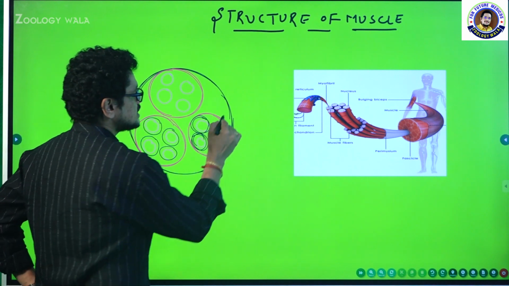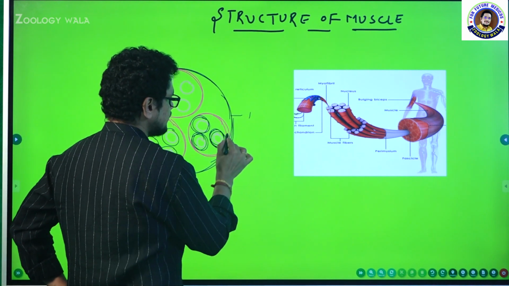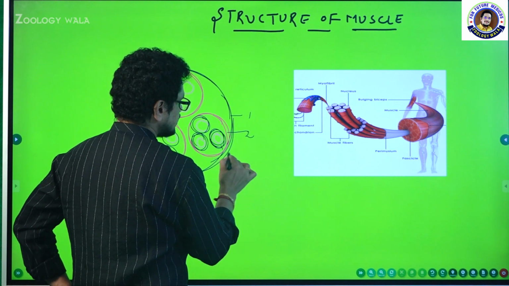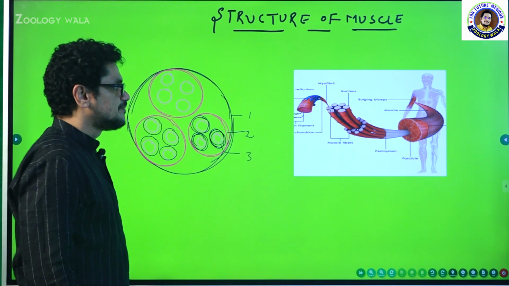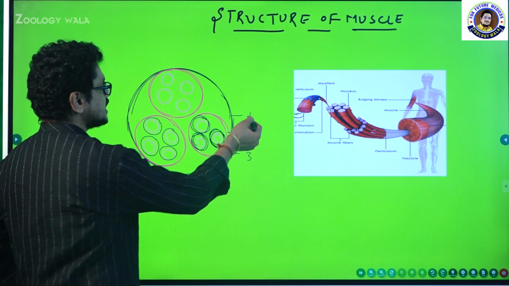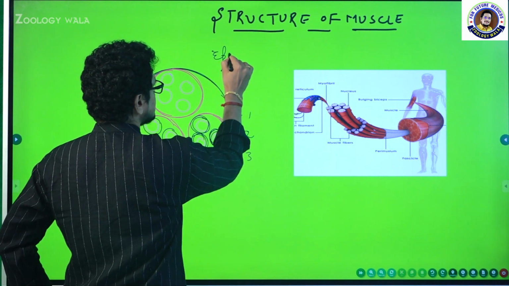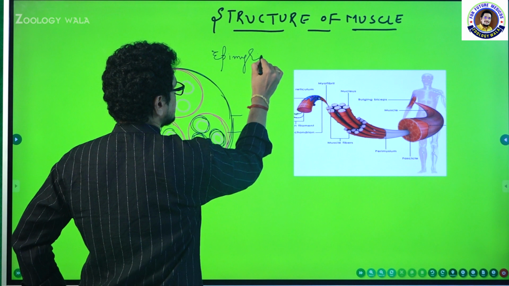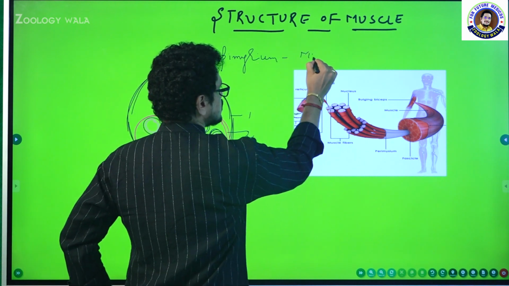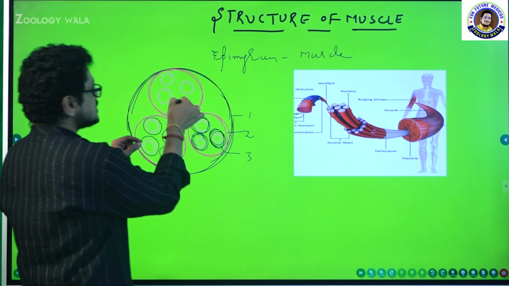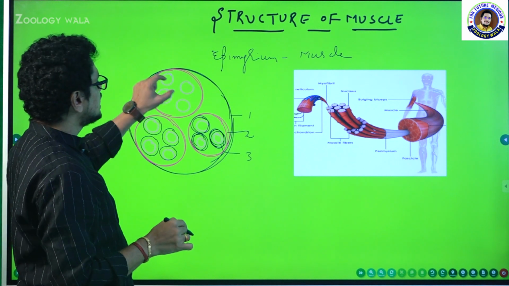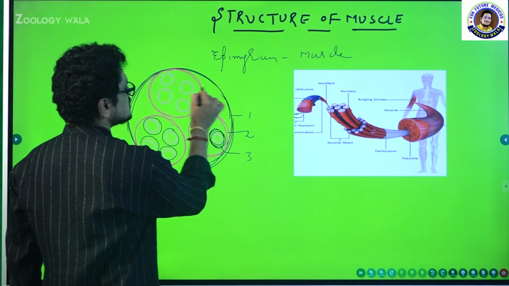Now let us see the outermost layer. This is number 1, this is number 2, and this one comes under number 3. What is this outermost layer? Tell me. The outermost layer is epimysium, which surrounds the whole muscle. The muscle contains a number of fibers, and each one is a muscle fiber.